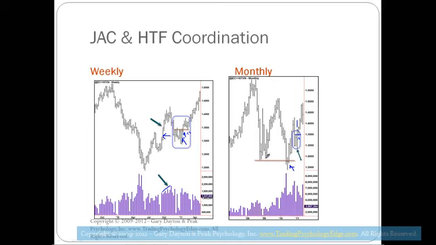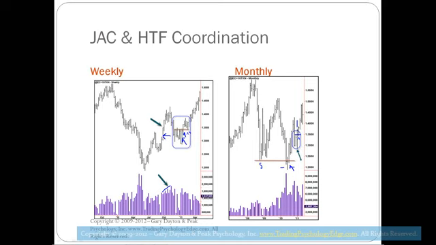Remember I said the market comes down and creates a support level, rallies up, and then comes back down, penetrates it, but can't stay under there, and springs back up above it. Sometimes we'll see a test of a spring, and that's what we're seeing here. So we can coordinate a test of a spring with a jump across the creek, a test of the spring on the monthly chart with a jump across the creek on a daily chart. Pretty nice. Pretty nice. Okay.